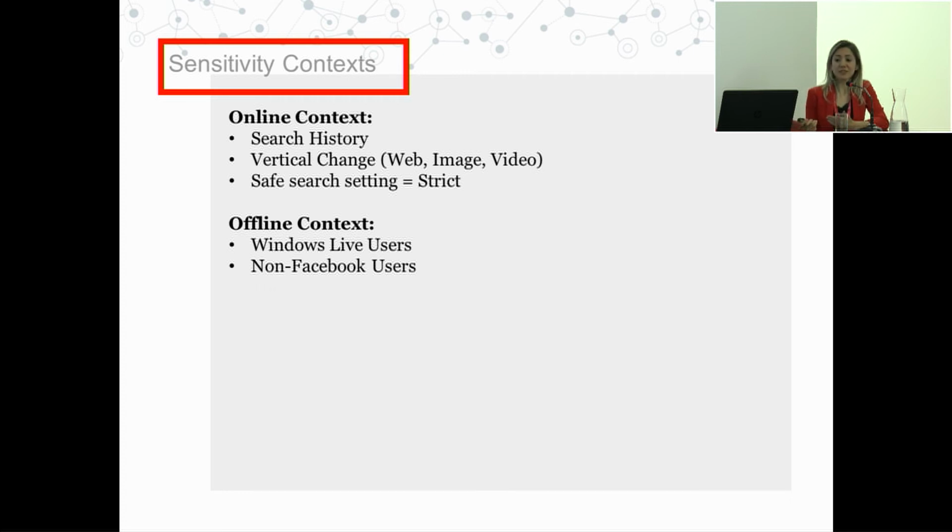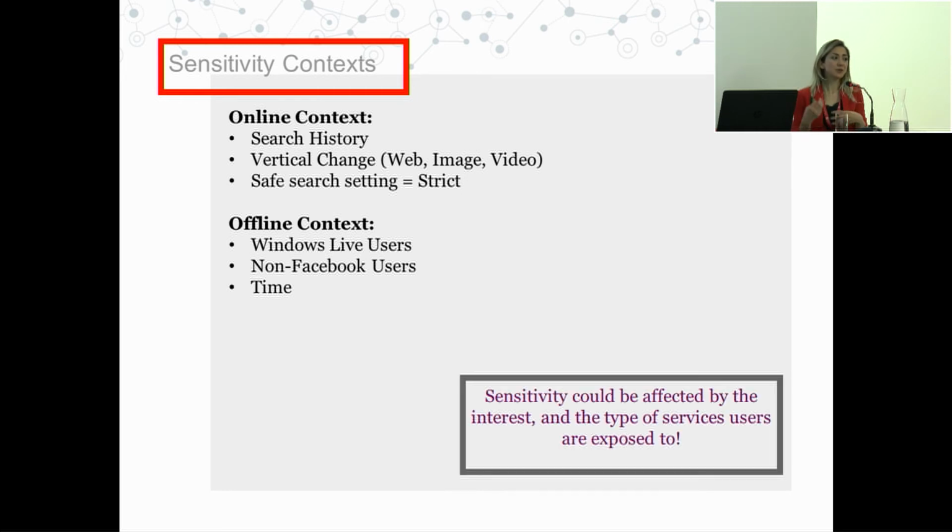This is interesting, because it might suggest that, given the service that users are exposed to, in Facebook, maybe the fact that people are always sharing lots of data makes it not necessary to think about what data to delete and what data to keep. And of course, we found time also as an indicator of sensitivity as well.